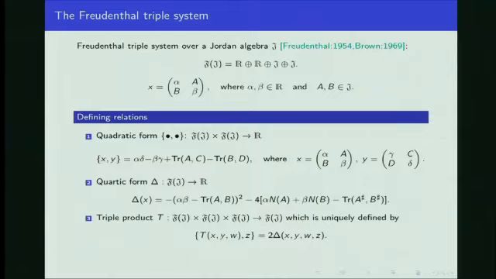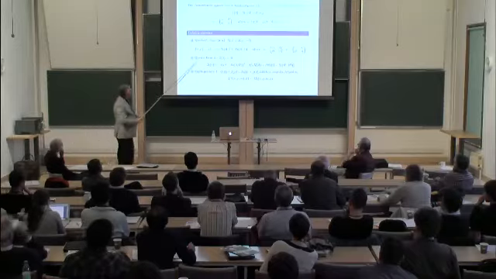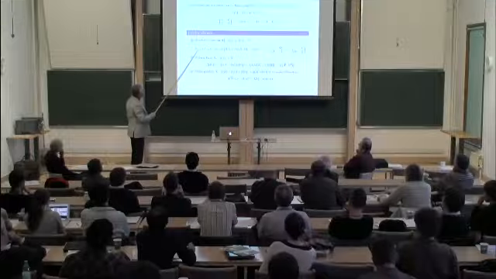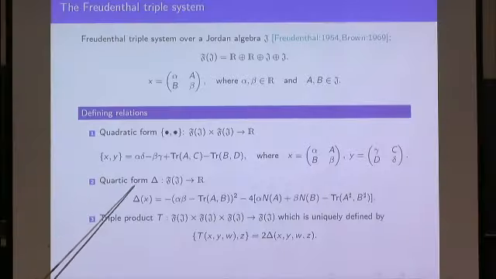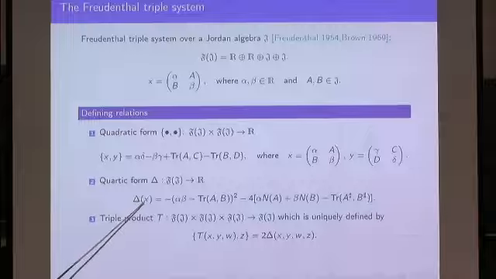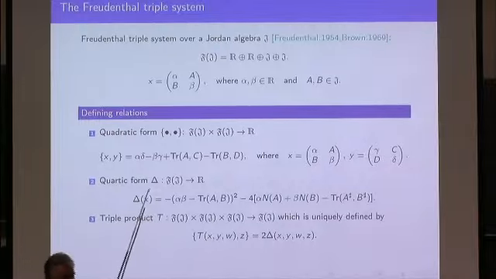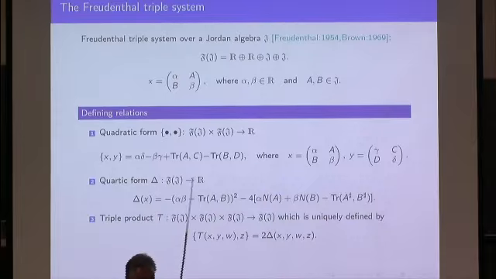And the three things I want to stress are that this system has a quadratic form, which we call xy, a quartic form, delta, and a triple product. That's the three important ingredients that we need: quadratic form, quartic form, triple product.